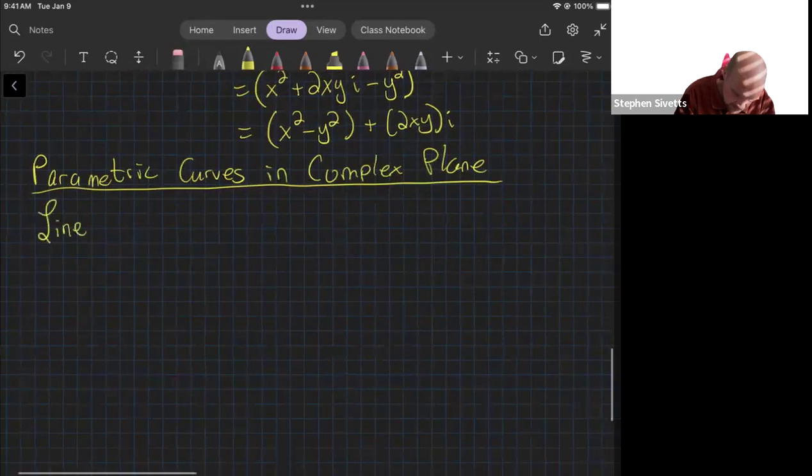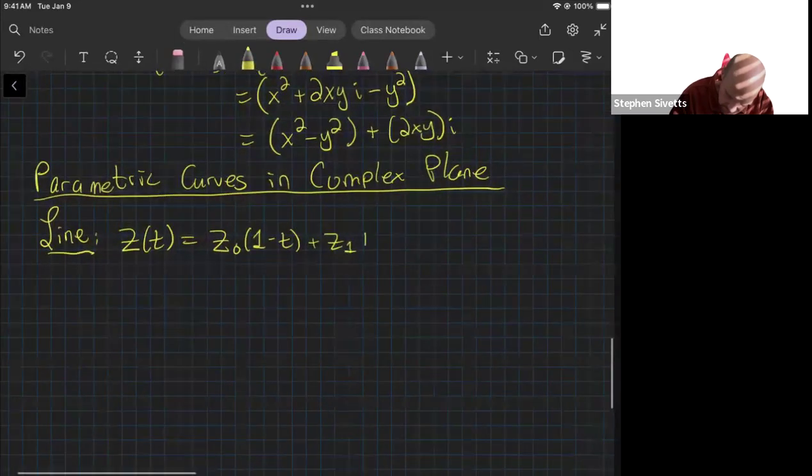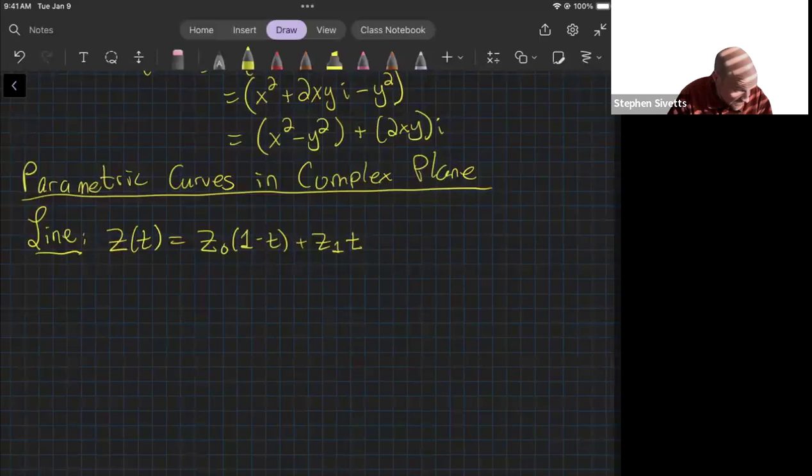So here's the parametric equations of a line in the complex plane. z of t is equal to z naught times (1 minus t) plus z1 times t. So these are functions that are varied by parameter t, right? t being like a unit of time, for example. So this is a line.